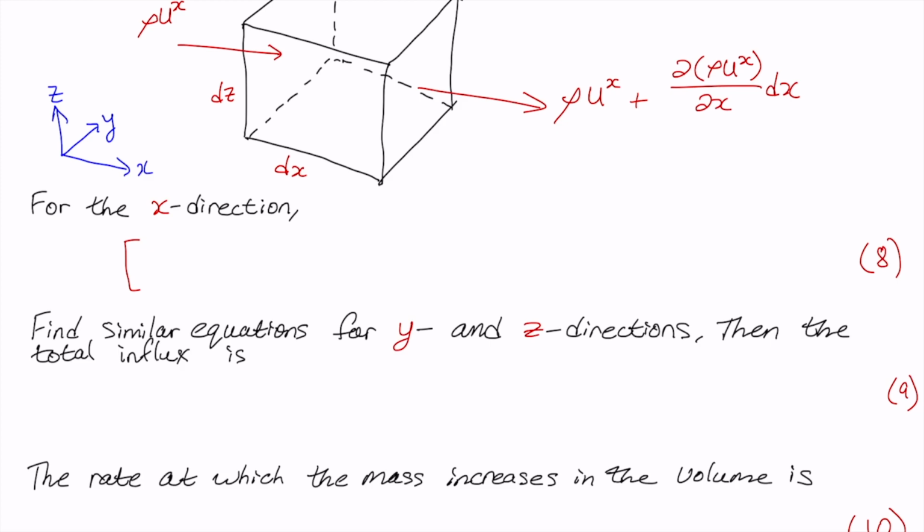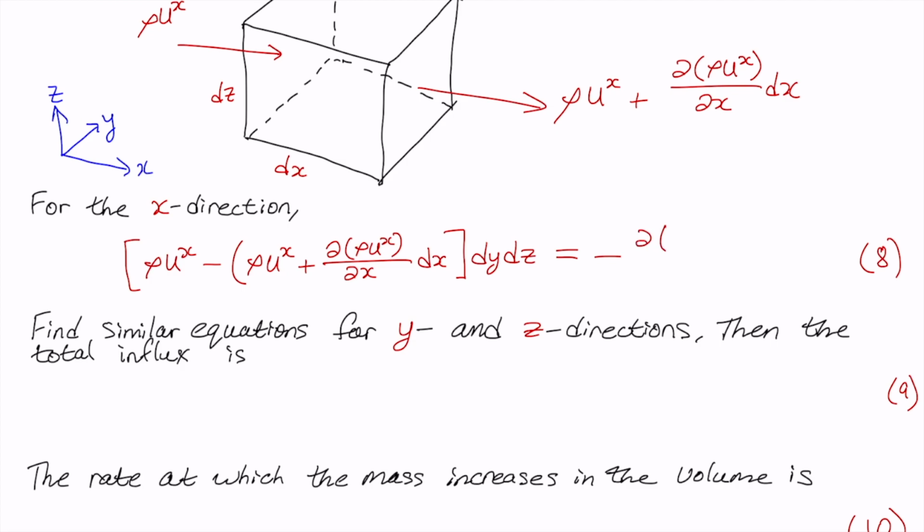We'll have the quantity rho ux minus the quantity rho ux plus the partial of the quantity rho ux divided by partial x times dx, all of this times dy dz, is then equal to minus the partial of rho u superscript x divided by partial x multiplied by dv.